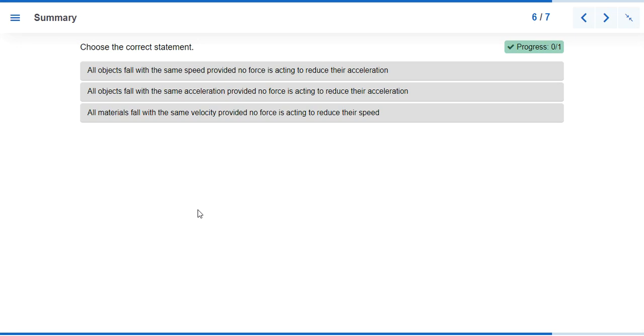I can say yes, because even a stone and a feather will fall at the same time, provided there is no force acting on them. All materials fall with the same velocity, provided no force is acting to reduce their speed. That is not correct. So all objects fall with the same acceleration, provided no force is acting to reduce their acceleration.